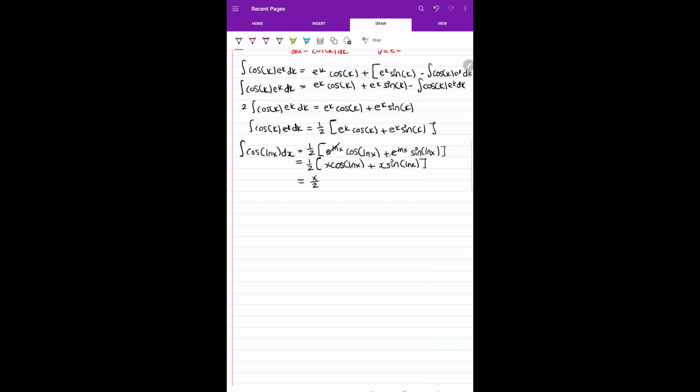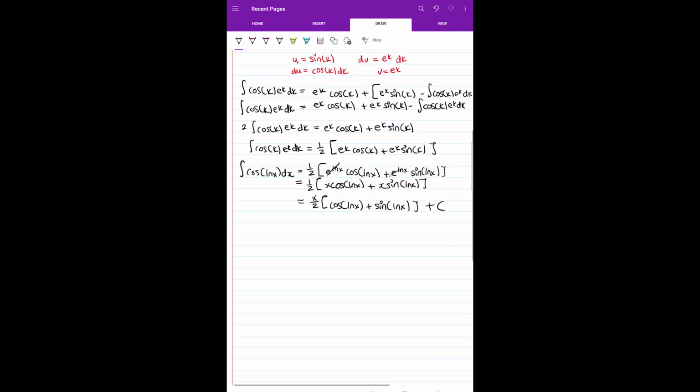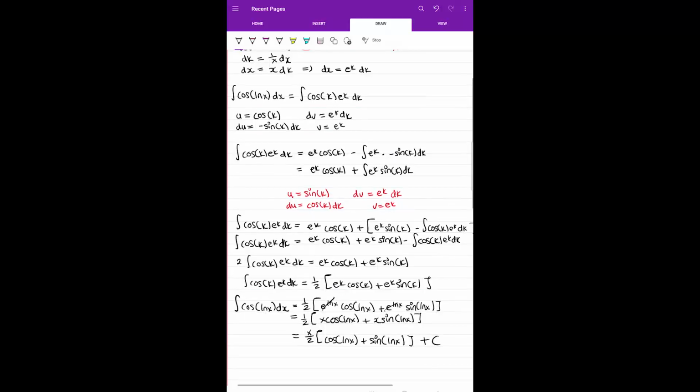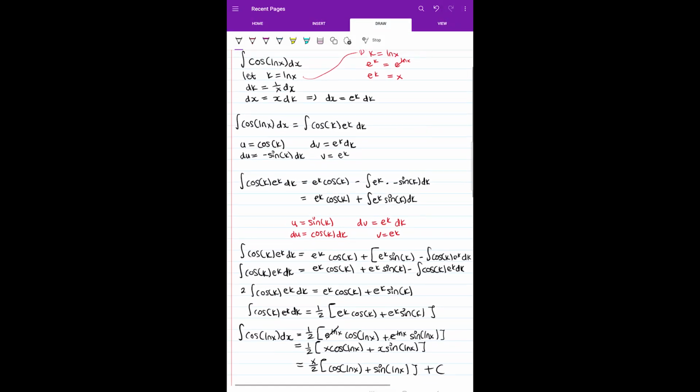So we get x over 2 times cosine ln x plus sine ln x. And looks like we're done, so we can add our plus C. And that is the final solution for this integral. And if you need the whole solution, I'm not sure if I could fit this, but yeah, there you go.